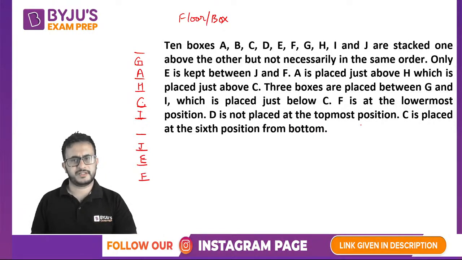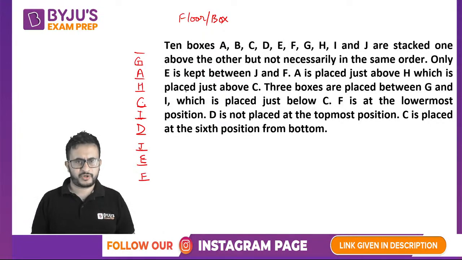D is not placed at the topmost position. So we have placed 8 of the boxes, 2 boxes remain. Right? So D is not at the topmost position, so this will be D. Okay. Now we are left with one box. Let us see A, B, C, D. So B is remaining, I guess, because C, D, E, F, G, H, I, J all are done. So B is remaining. Okay.